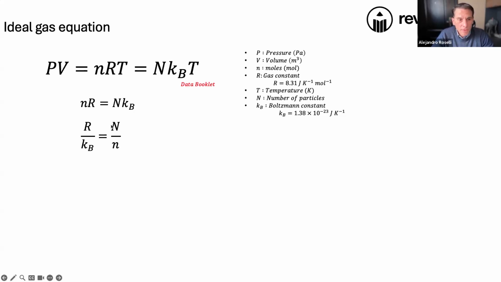The ratio on the right-hand side, the number of particles divided by the number of moles, is in itself another constant. It's called Avogadro's number, represented by NA. And this final equation can be rearranged into this one, which is one of the equations that you will find within your formula booklet.